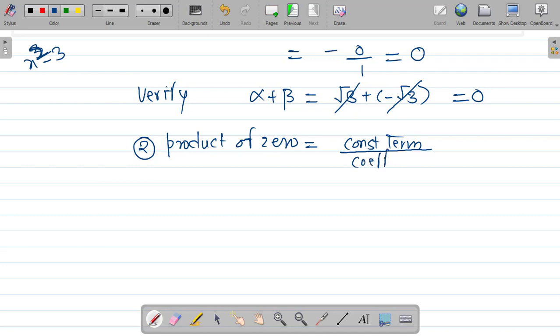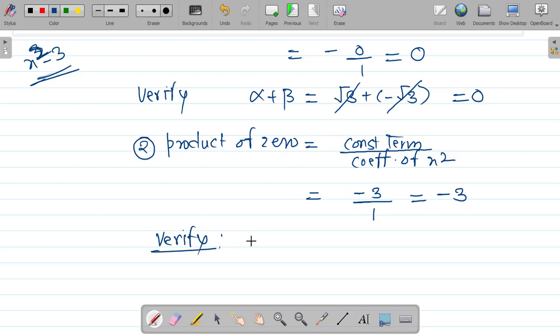So what is the constant term? The constant term in this quadratic polynomial is minus 3. Minus 3 upon the coefficient of x square, which is 1. So your answer will be minus 3. So how will you verify this?